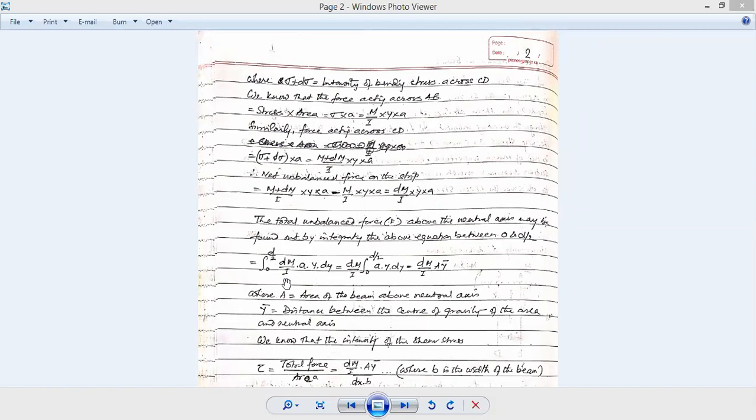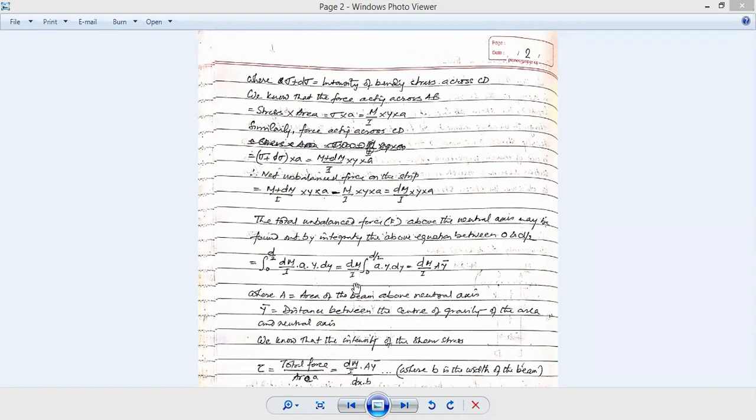So dM into y is equal to a into y by I into dy, where dM is the change in bending moment, and I is the moment of inertia, which remains unchanged between section AB and section BC, because dM is the difference in bending moment from the left section AB to the right section BC.